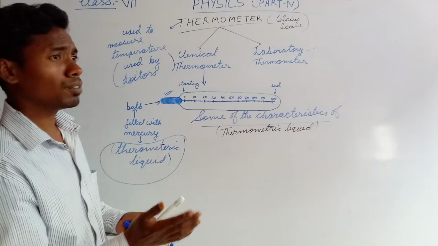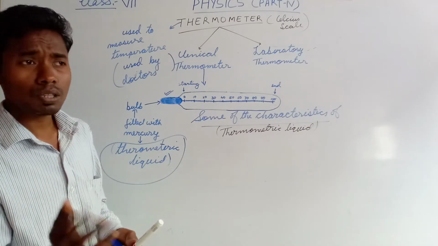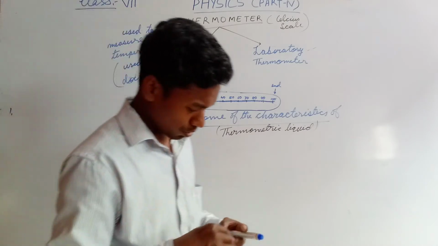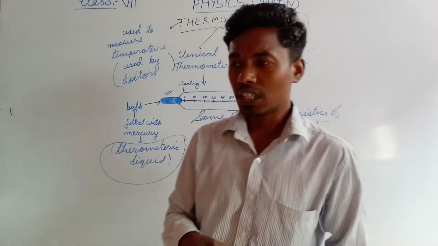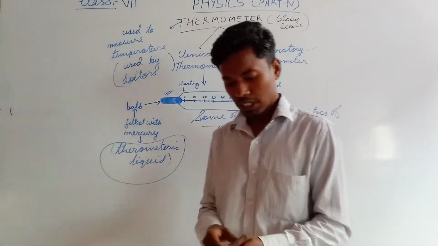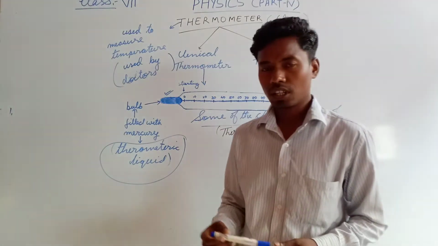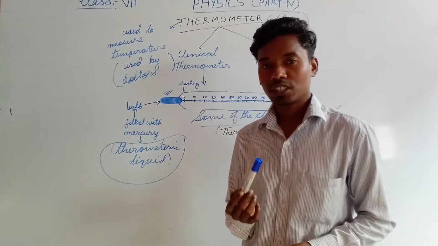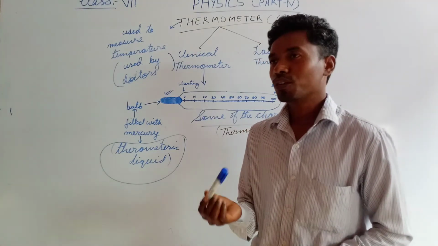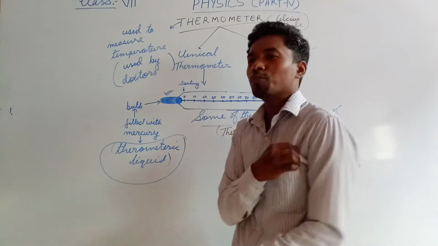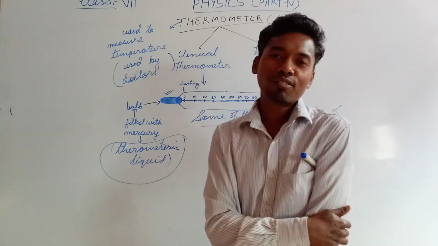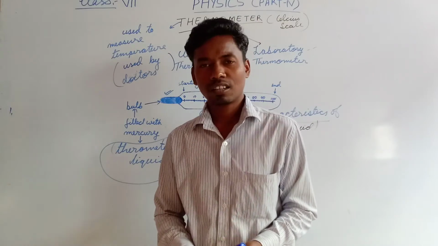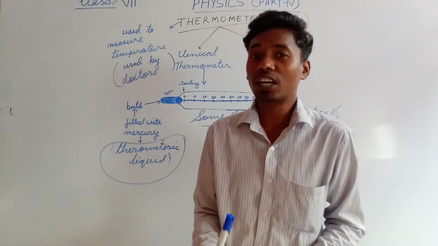So what if I use this plastic as a thermometer? Then what will happen? This gets heated very slowly. I put it here and the doctor has to wait for 3 days in order to get a reading. What is the use? In 3 days maybe I will die.